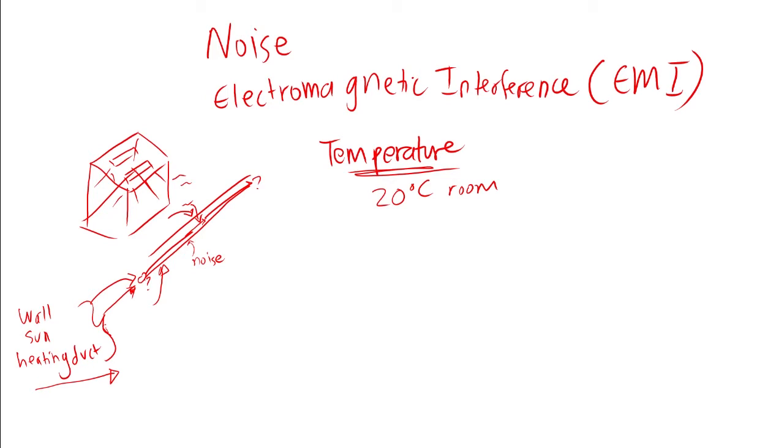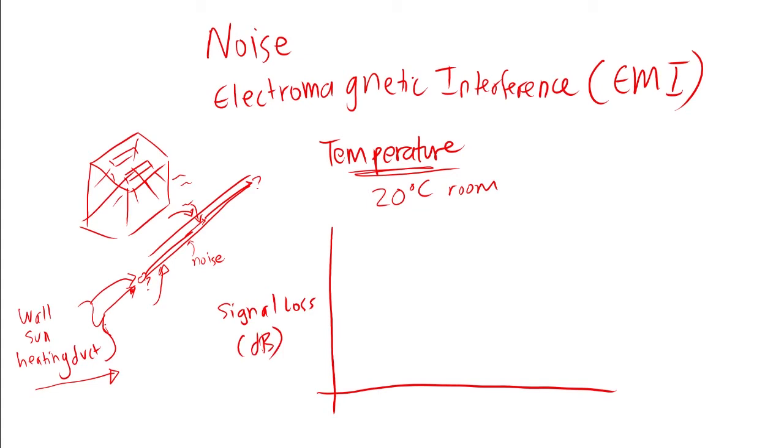So we've got different types of insulation. If we look at signal loss in decibels, PVC performs the worst, and FEP performs the best.